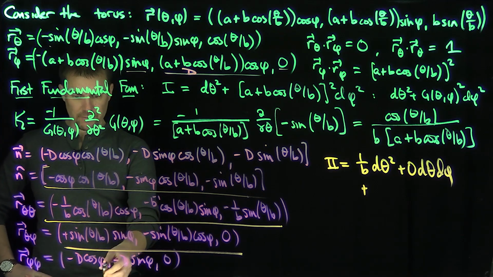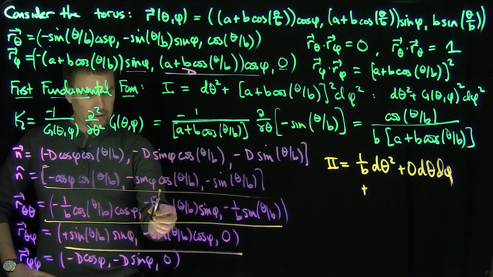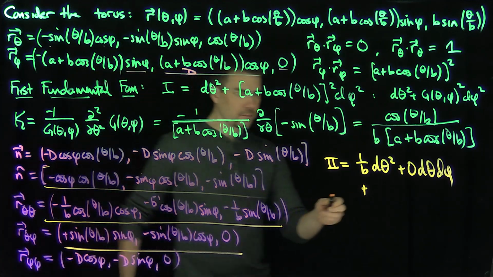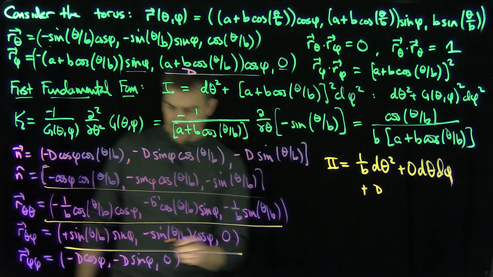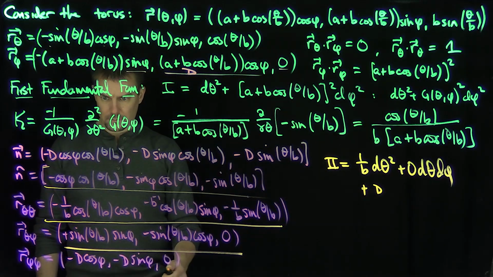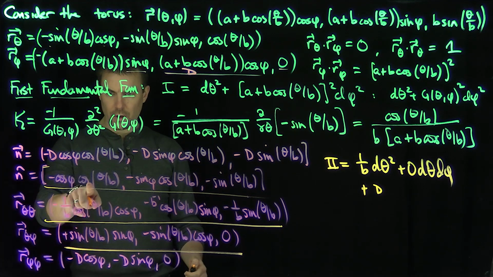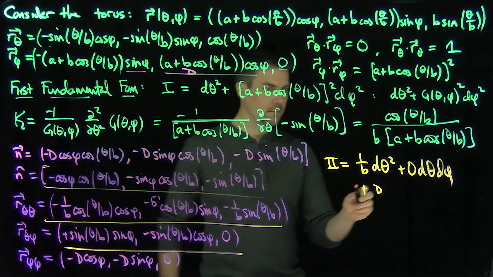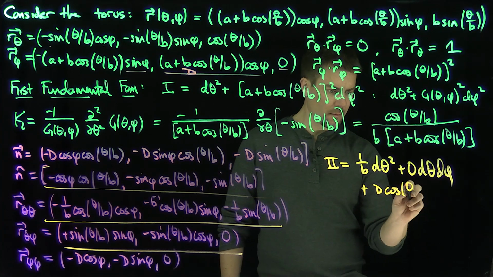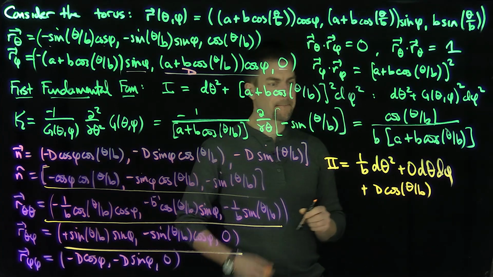You're going to have a cosine squared phi with a positive sign with a d, and then a sine squared phi positive d. That's going to be d, expression d, and then cosine of theta over b. Like that. Okay, excellent.